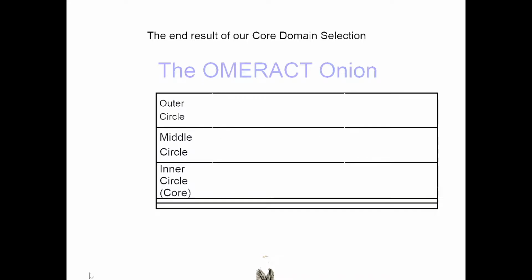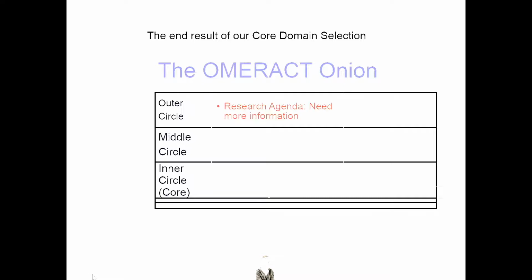And then in the outer circle, you will find all the domains that we don't have enough information about, whether they are important. We have identified them, but we don't know anything about the severity or the frequency, or it's a domain for which we don't have an instrument yet.